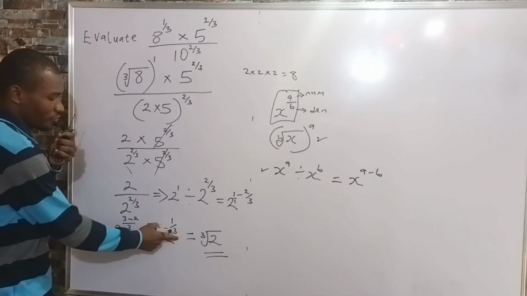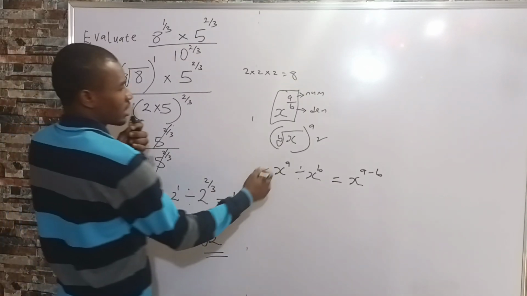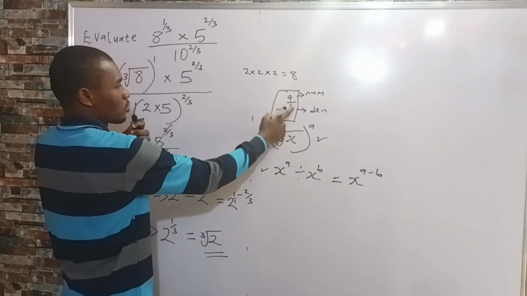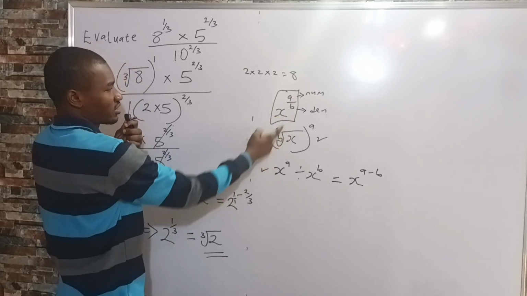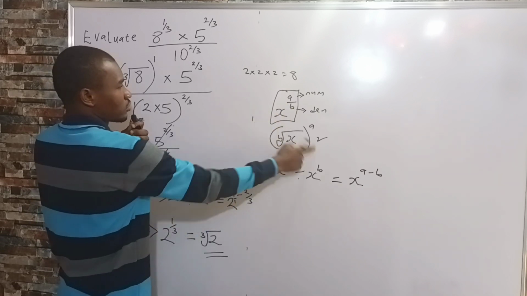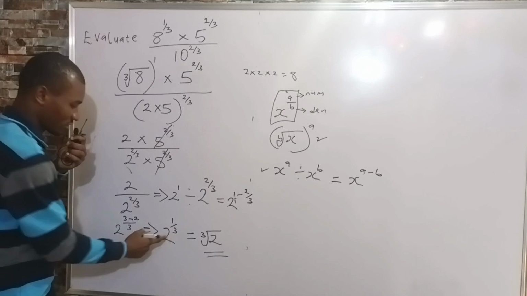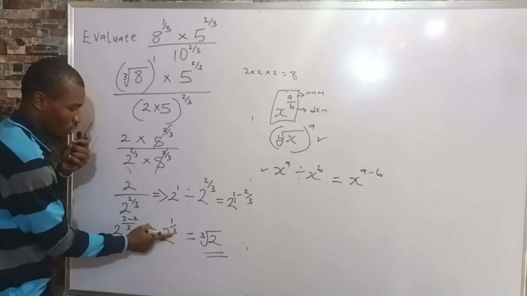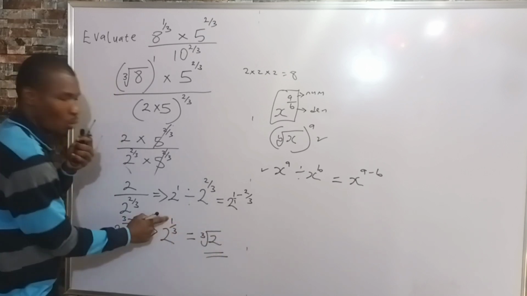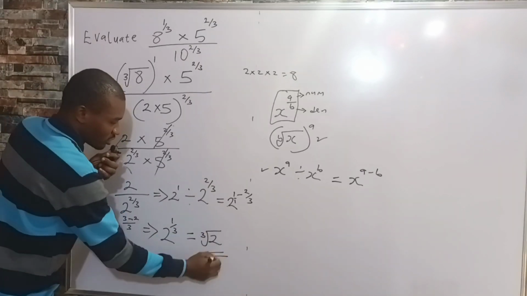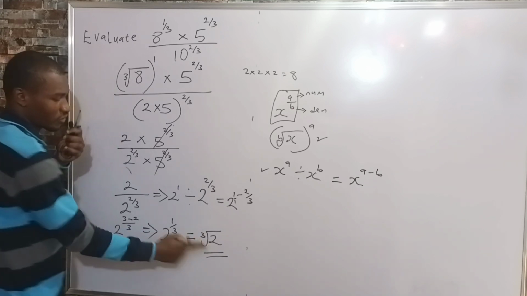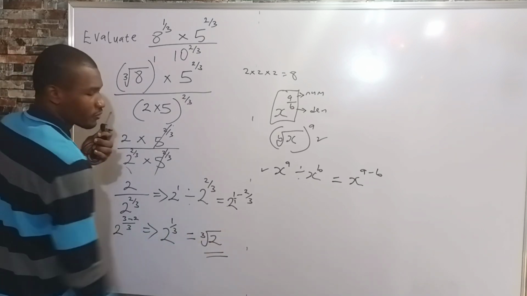I just applied the law of indices, which I showed you here, that whenever you have a given base raised to a given quotient, it simply means taking the root of that given base, then raised to the original power. So the same thing I did here, 2 raised to the power of 1 over 3 simply means cube root of 2, all raised to the power of 1. And if I raise all these to the power of 1, it's still this. So my final answer is cube root of 2.